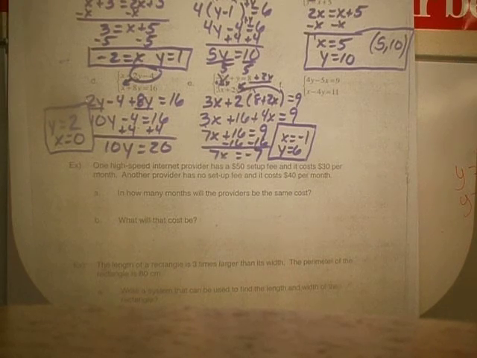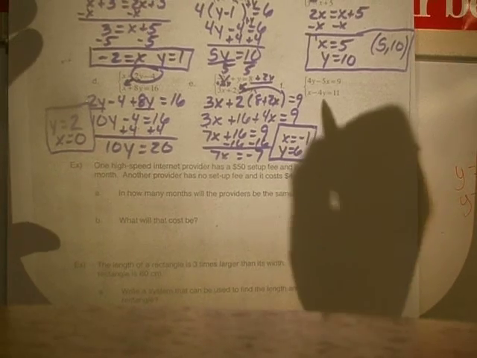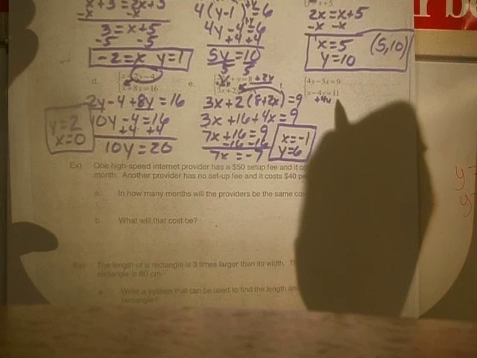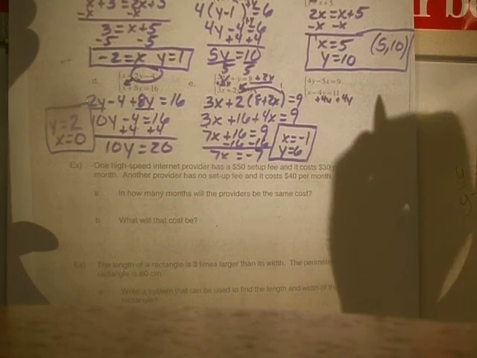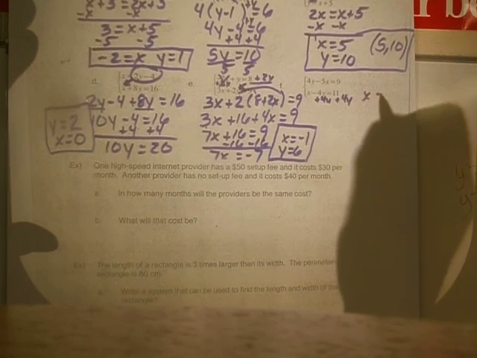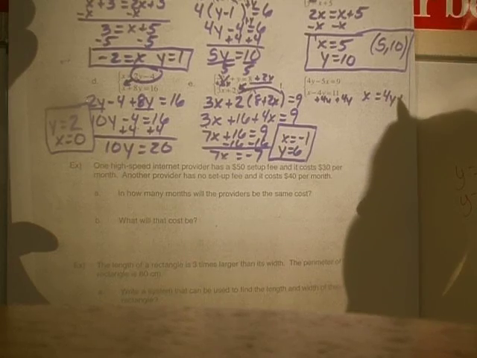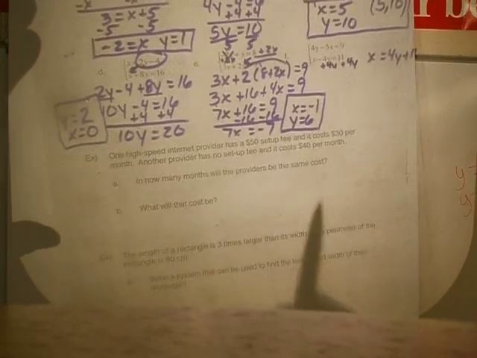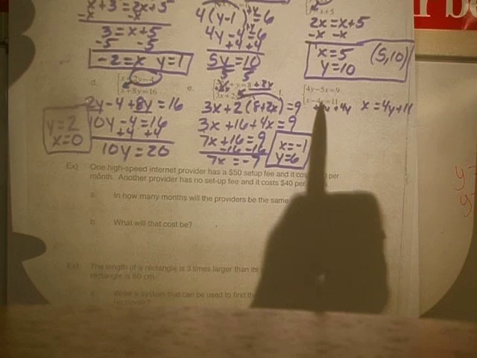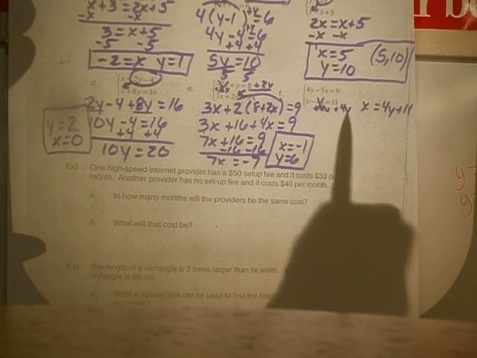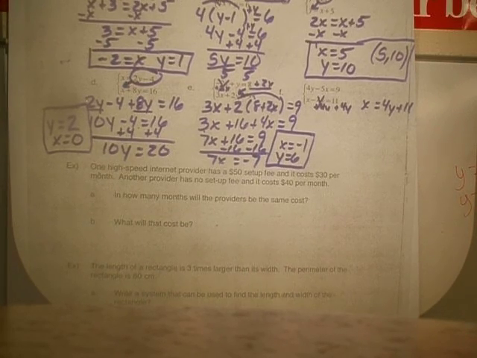Letter F is similar to that one. With letter F, the second equation has an x with no number in front of it. So what I'm going to do is add 4y. And when I do that, I will have x equals 4y plus 11. So I just changed this to x equals 4y plus 11.